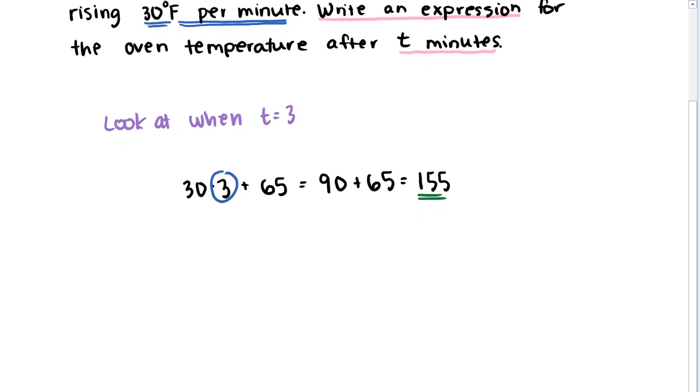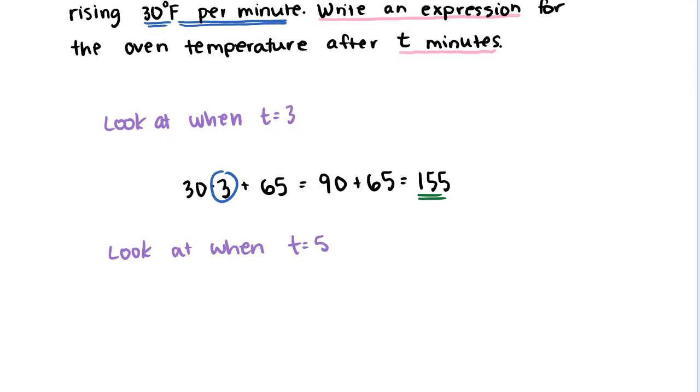Okay, maybe let's do another example just to really make sure we're on the right track. Maybe we can see a little bit of a pattern. Let's look at when t is equal to 5.